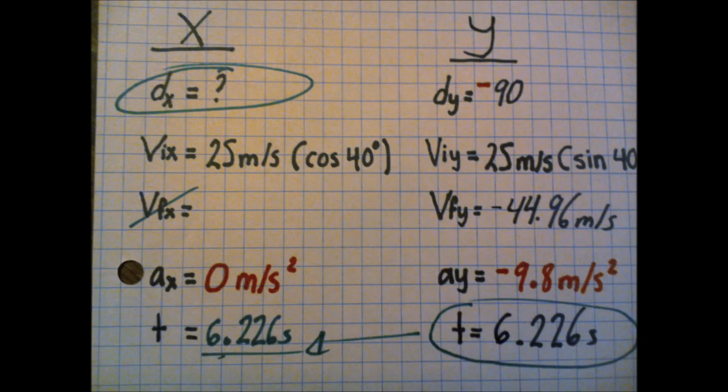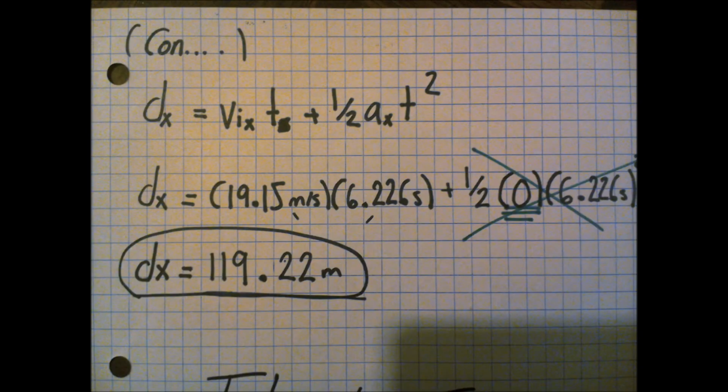Now that we have solved for time, we can go over to the x side of the problem, and since time is the same for both y and x, we can just move 6.226 over to the x side, and now we can finally solve for dx, because we only need 3 parts to solve for dx.